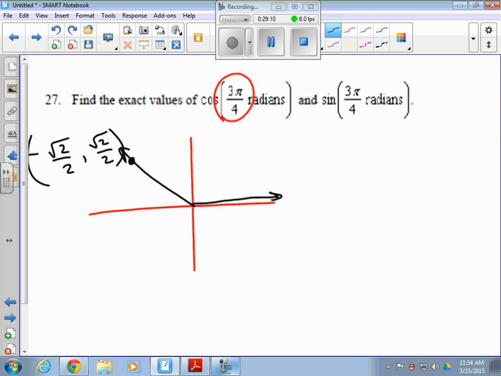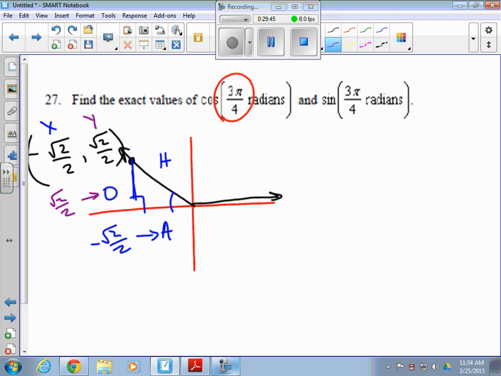So we're going to use those values, the exact values of cosine. Remember, cosine, if you're talking about the reference angle here, is adjacent over hypotenuse. This will be the opposite one. So your x value, the adjacent one here, is negative square root of 2 over 2. The opposite, the y value, is square root of 2 over 2.